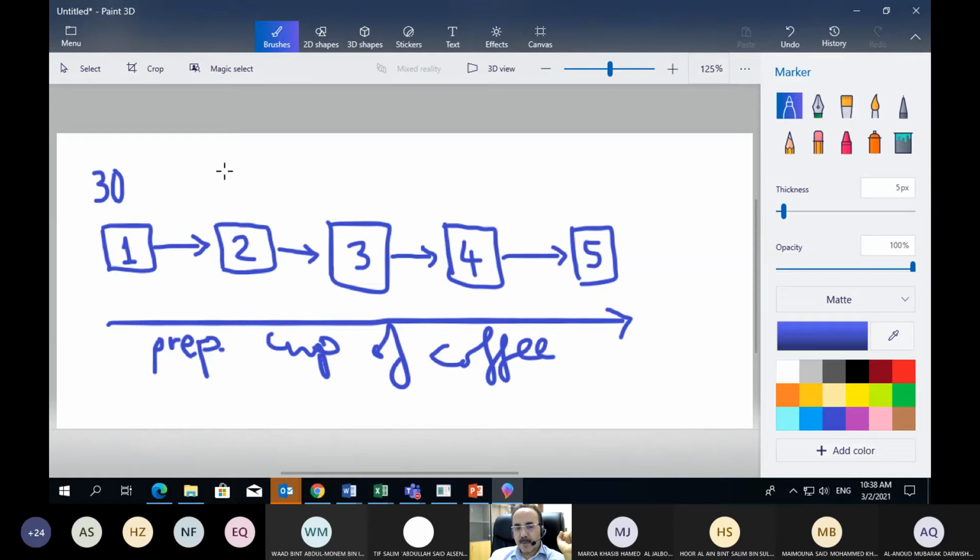It takes him, for instance, 10 seconds to put the ground coffee. It takes him, let's say, 30 seconds to get the coffee made by the machine. It takes him 30 seconds to add, for example, the foam and whatever other additional things.